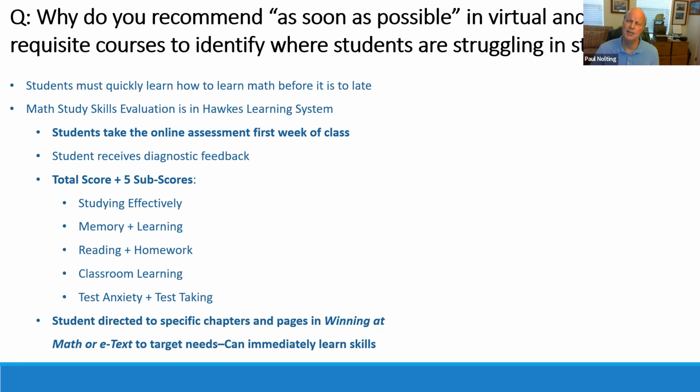What's the probability of me passing the course? If you made a 50 on the first test, half of that was from the previous course. And what we're finding out is that we've got to teach them how to become better learners as fast as possible before it's too late.